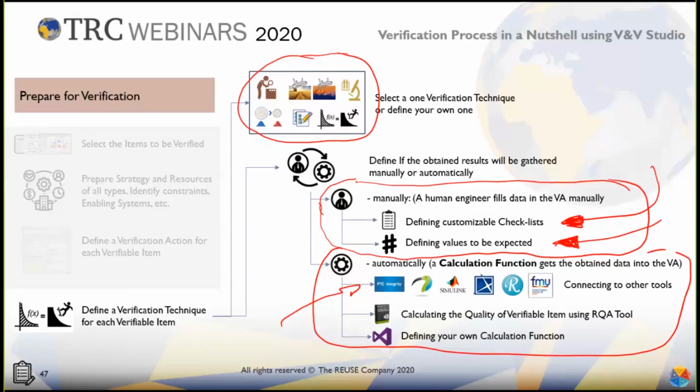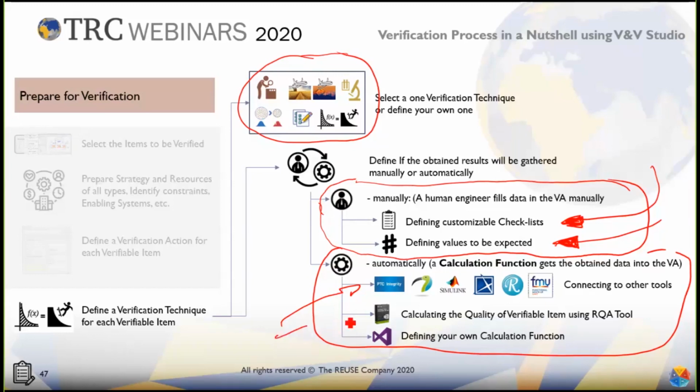For example, you want to run a simulation of a state machine in Simulink, which is possible, or even the same in MagicDraw. Or you have a very powerful model in an FMU for your production or whatever part of the system you would like, and then you want to confront the system against an FMU. These kinds of things can also be done within the verification part of the tool.